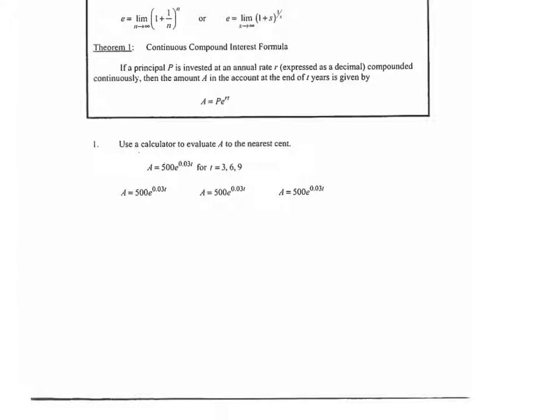This would give us a final amount using this interest formula. If you, say, invested $500 at 3% interest for, if we use t equals 3, that would mean for 3 years. That would be exactly what we're finding. So let's make sure we don't have any trouble with calculator entry.